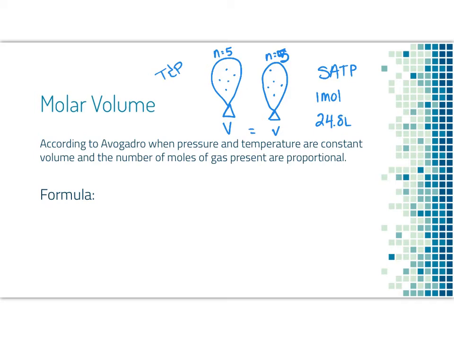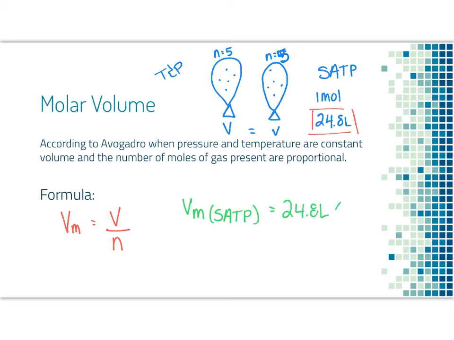According to Avogadro, when pressure and temperature are constant, volume and the number of moles of gas present are proportional. So the molar volume is equal to the volume of the balloon divided by the number of moles, where the molar volume at SATP is 24.8 liters of gas per 1 mole of gas.